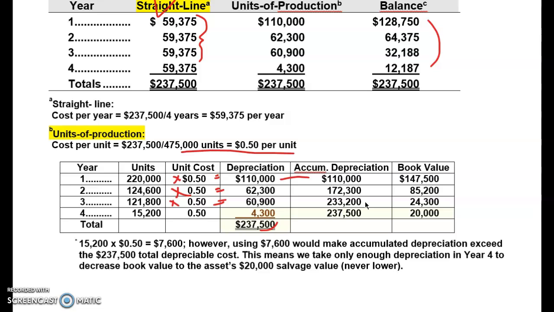If you're good, then you're ready to understand why this number is 4,300. It's simple, because of this: we cannot exceed 237.5 in total accumulated depreciation. At the end of year 4, or apologies, year 3, we were at 233.2.